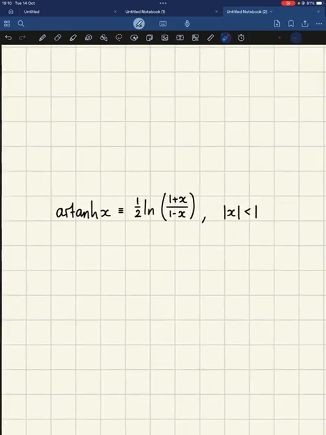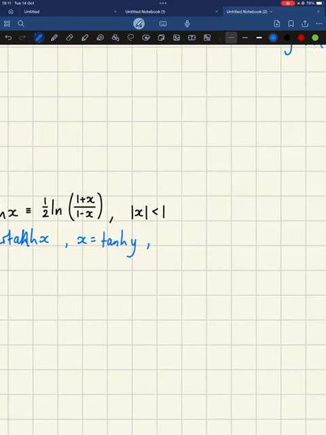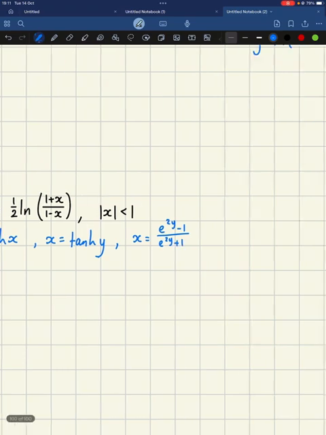Now this one, arc tanh x. Well, first let's let y equal arc tanh x. So we're going to get x is equal to tanh of y. So x is equal to e to the 2y minus 1 over e to the 2y plus 1.